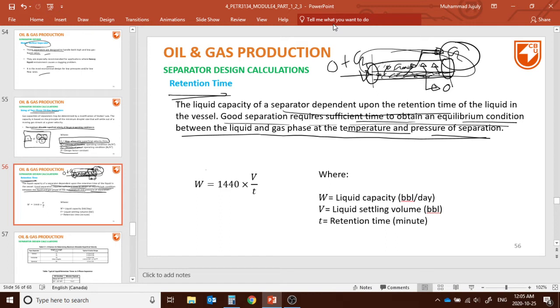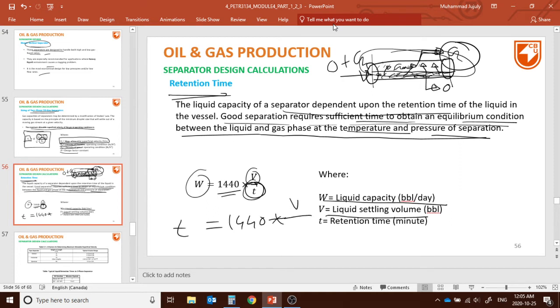So W, the liquid capacity in barrels per day, is equal to 1440 times V, the liquid settling volume, divided by the retention time T. That means T is equal to 1440 times V by W. So if we know the liquid capacity and the liquid settling volume, we can calculate the retention time from here.